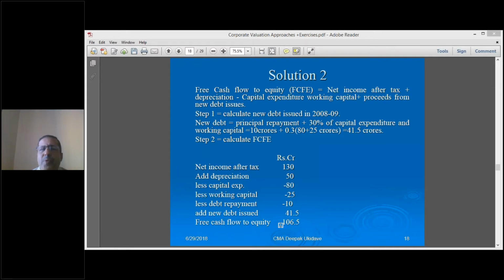So I want all of you to take down the template or the format for FCFE. You wrote it for FCFF; similarly, you have to write the template for FCFE also.